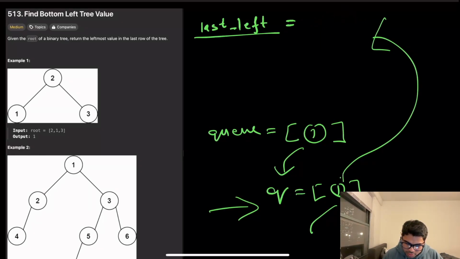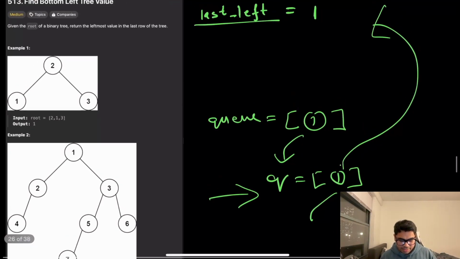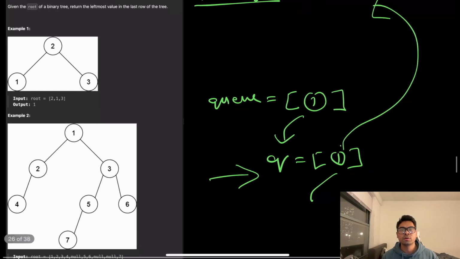That's what we said. So my last left would be 1. The reason I'm doing it like this is that currently I do not know how many levels there are, but we are going to do it at each level, so it will be updated even at the last level, and that will assign it the first value, and that will be our answer.